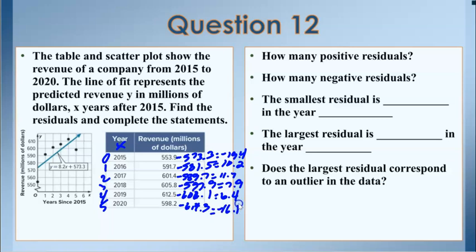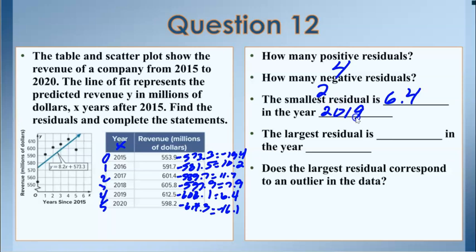So now we can answer the questions on the right. How many positive residuals? I got 4 positives. Negatives, I got the first one and the last one, so that's 2. The smallest residual, which means the one closest to 0, is 6.4, and that happened in the year 2019.